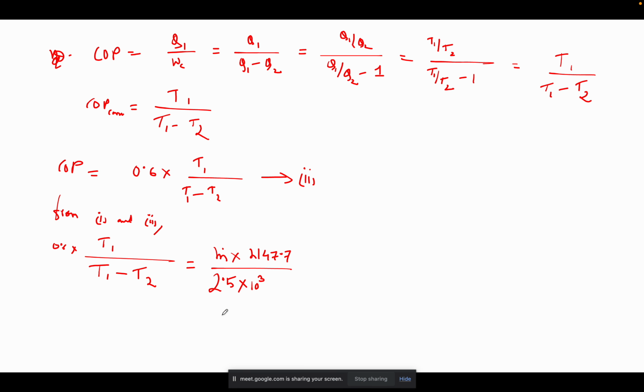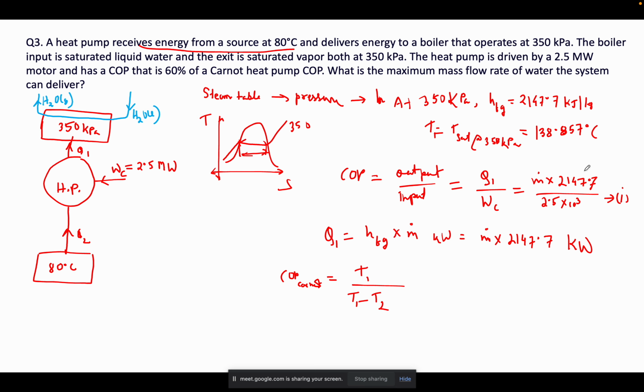Okay, so 0.6 into what is my T1? I got T1 as 138.85 degrees Celsius.